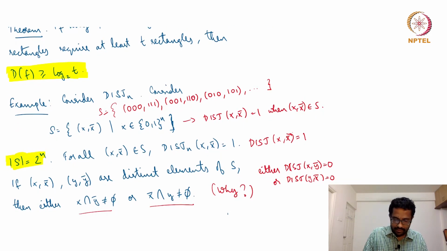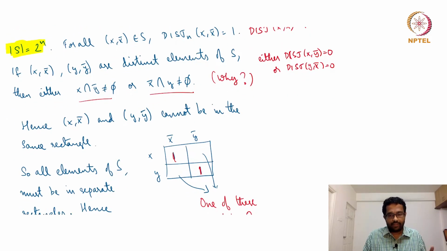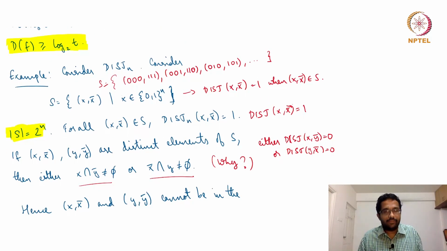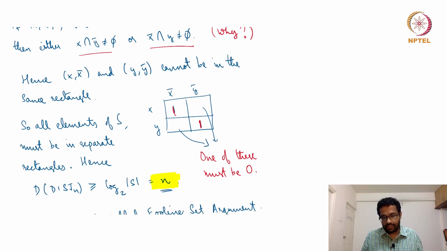And disjointness, we saw that example of disjointness. We showed a set of size 2 power n, and we said that any partitioning into monochromatic rectangles must have at least 2 power n rectangles. This implies that disjointness has complexity at least log of 2 power n, which is n.